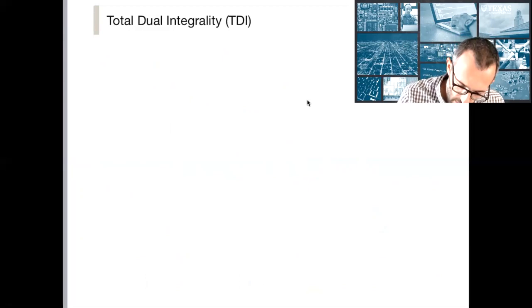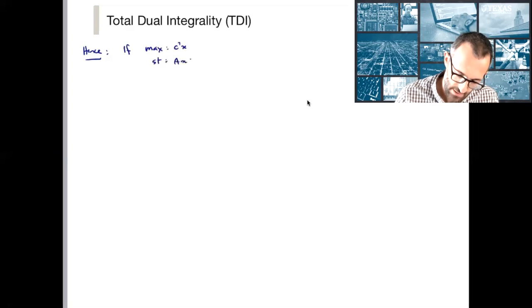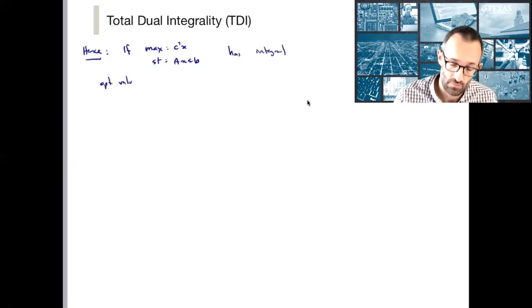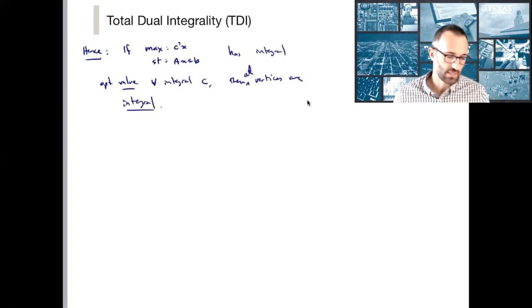As a conclusion of the previous result, I'm just writing what I just said: if max C transpose X subject to AX less than or equal to B has an integral optimal value for every integral C, then all vertices are integral.